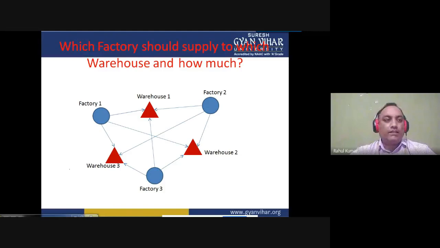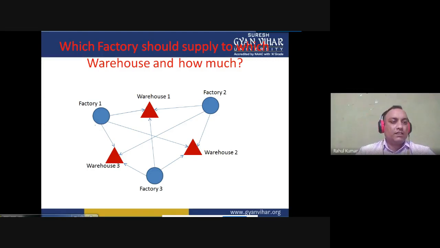This depends on the location, destination and travel distance, but the main objective of this transportation lecture is to minimize the cost of the transportation.